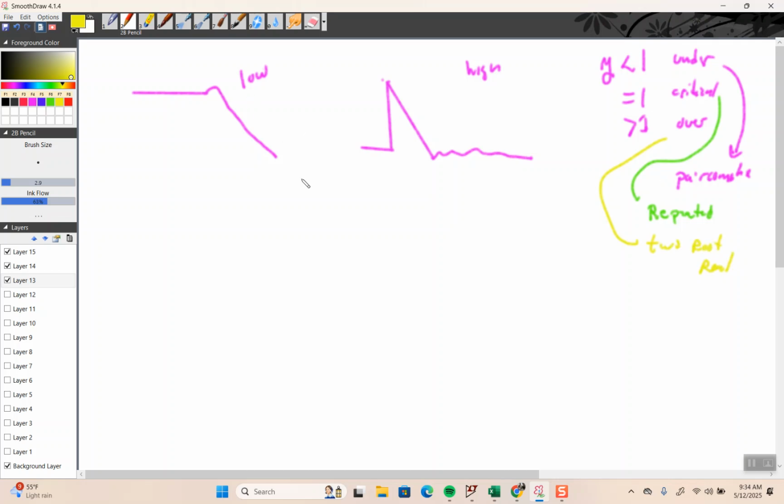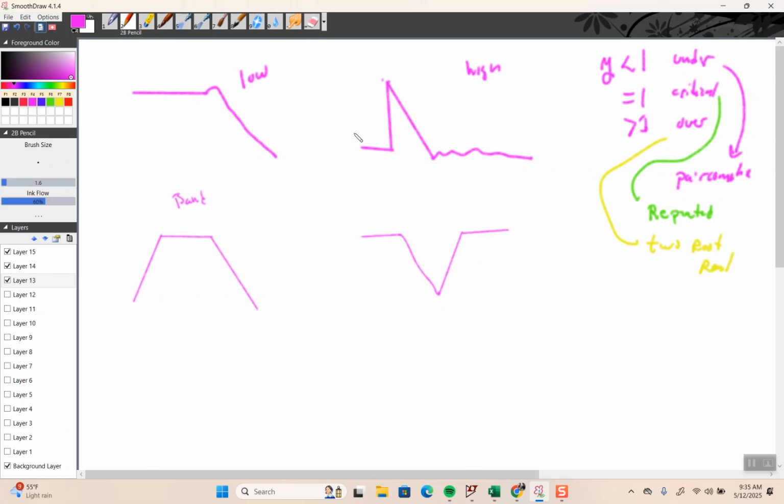I'm just showing the underdamped. But then, because it's second order, we can have band and we can have notch, which now I'm just kind of doing asymptotically, right?